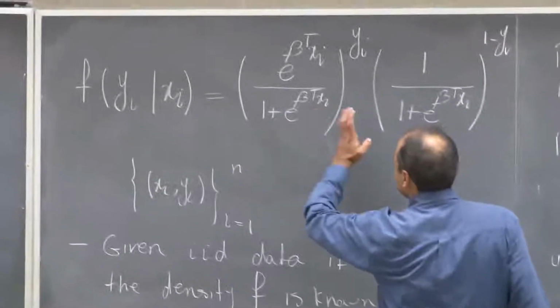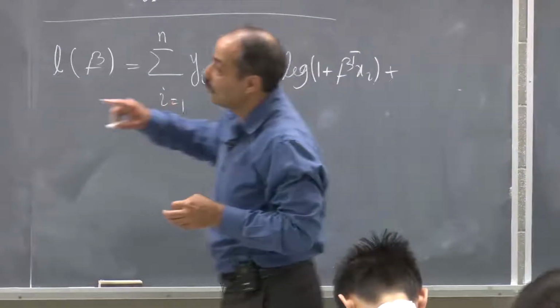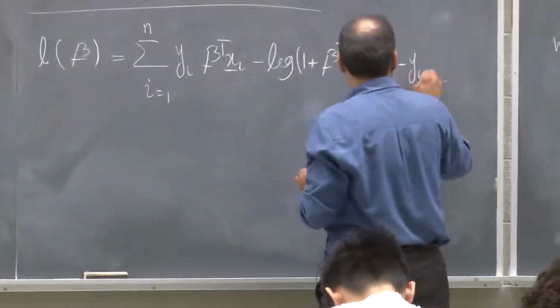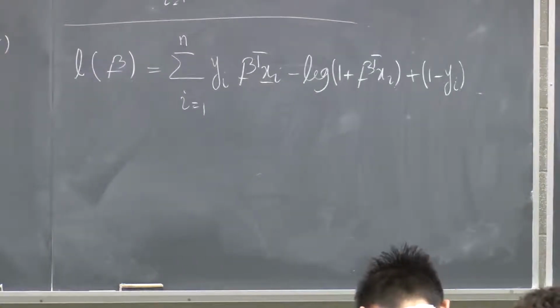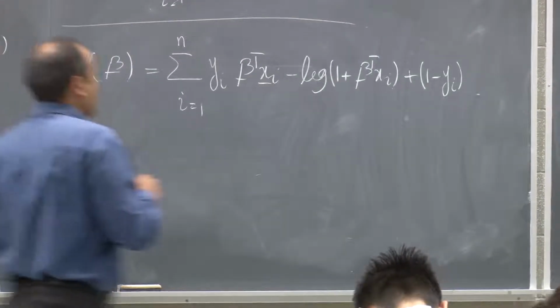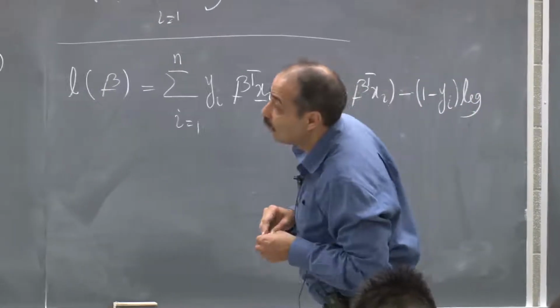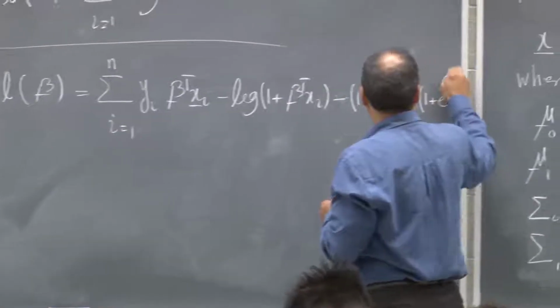That's for this term. Plus the log of this term, which would be 1 minus yi times log of 1, which is 0, minus this log. So minus log of 1 plus e to the power of beta transpose xi.